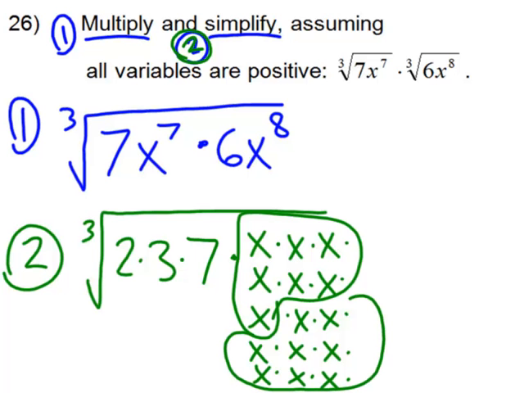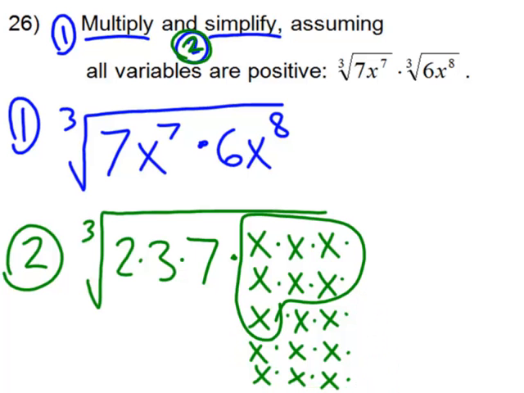I've got them grouped according to those original exponents, an exponent of 7 and an exponent of 8. But I don't really need to keep them grouped like that. In fact, it's to my advantage to remove those groupings and say, hey, that's just a whole bunch of x's multiplied by each other.